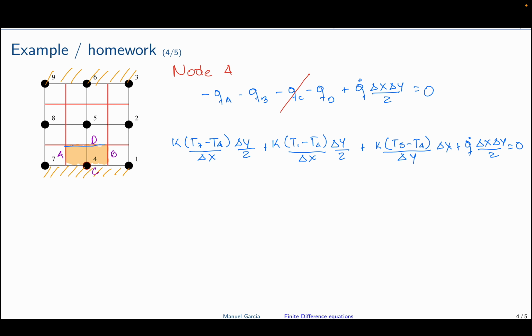Again, we simplify delta X and delta Y, and we divide everything by K, so this K cancels, this K cancels, and this K cancels. And we can multiply the whole thing by 2. So we are multiplying by 2 and dividing by K.